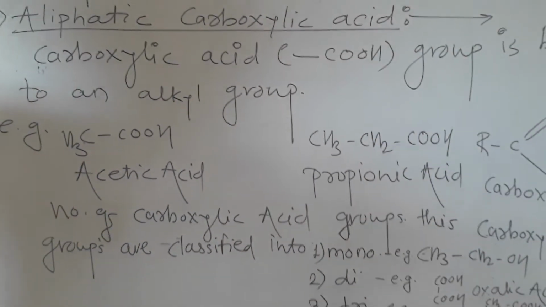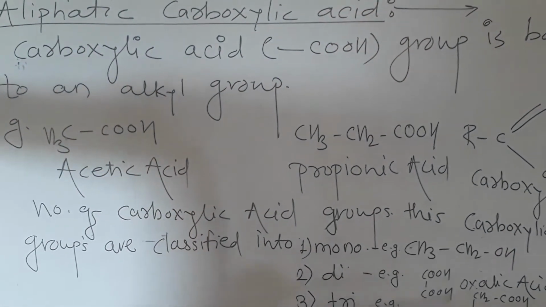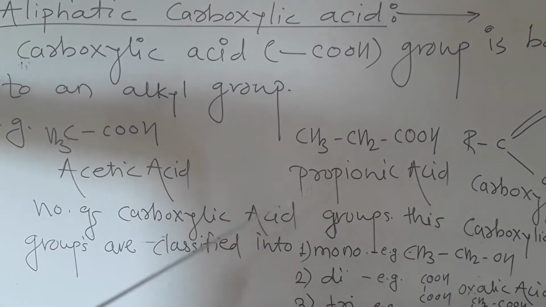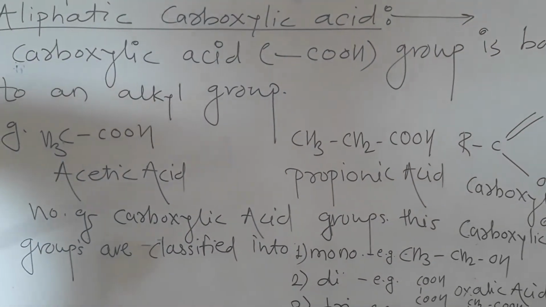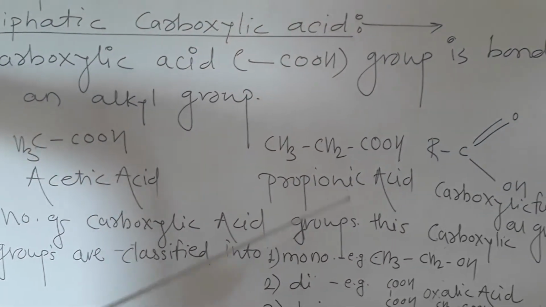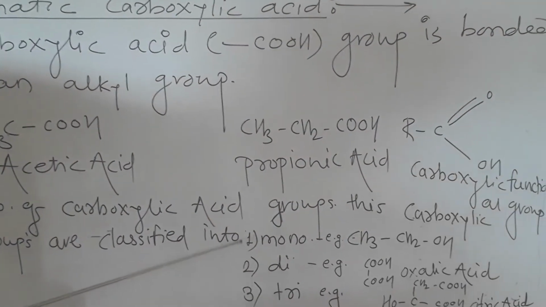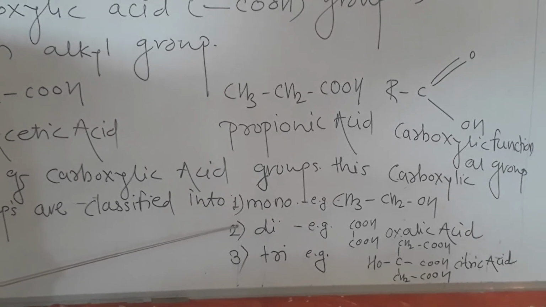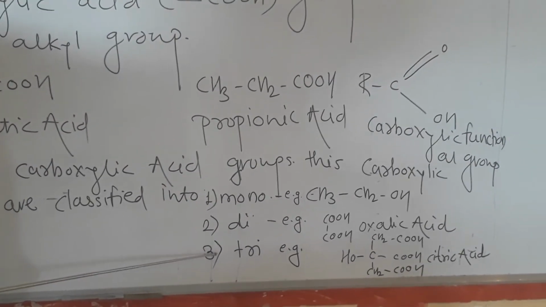Based on the number of carboxylic groups present in the carboxylic acid, the carboxylic acids are further classified into three groups: monocarboxylic acid, dicarboxylic acid, and tricarboxylic acid.